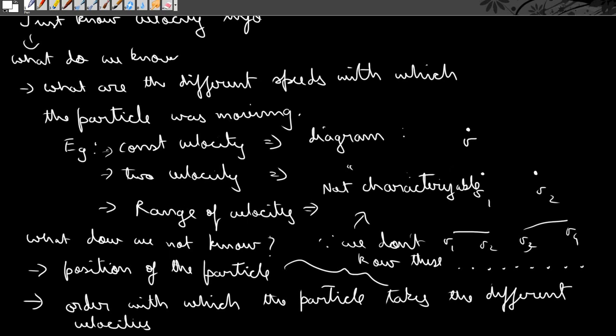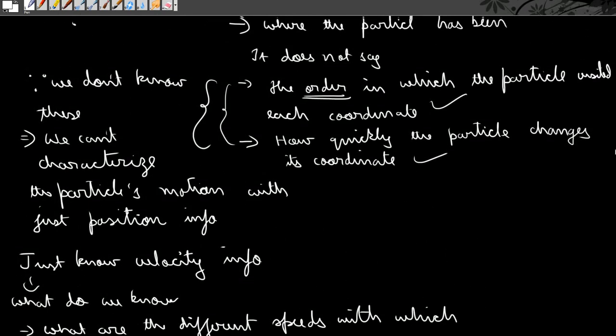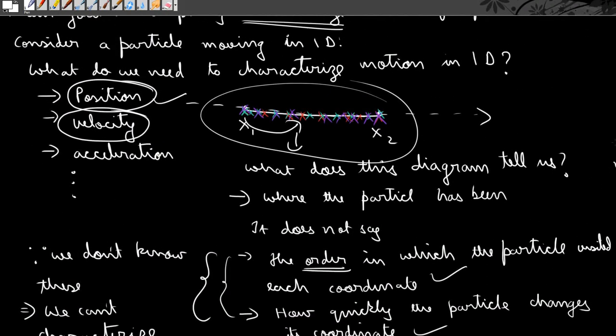And we can give similar arguments for the other quantities, like by just knowing the acceleration, whether we will be able to characterize the motion or not. Okay, so what do we need to know to completely characterize the motion? So that's the question we are trying to answer.